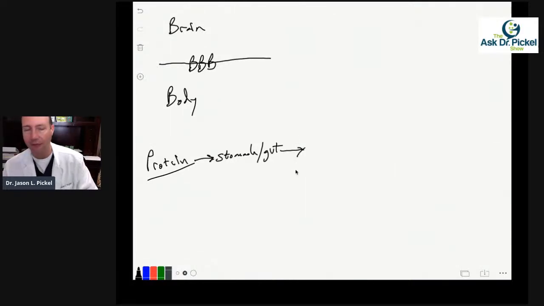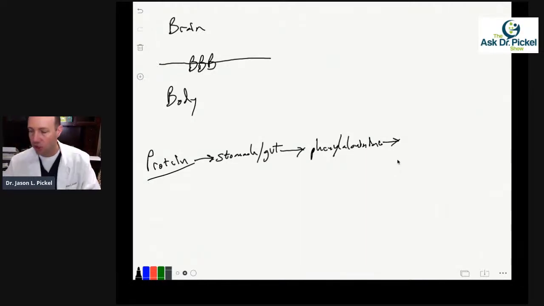So next, after you digest your protein, it turns into amino acids. And these amino acids do all kinds of things. The particular amino acid we need for dopamine is called phenylalanine. Phenylalanine is an essential amino acid.